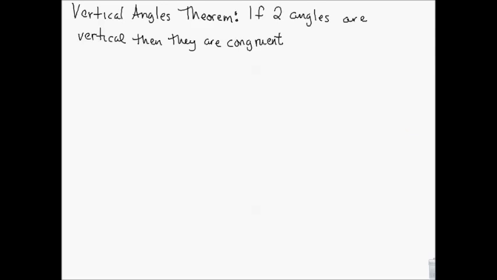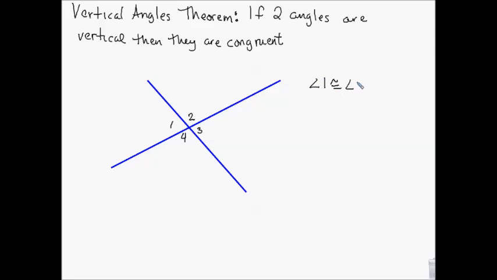Okay, so vertical angles, again, are formed when two lines intersect, and you get 4 angles. And the vertical angles are across from each other, so angle 1 is congruent to angle 3, angle 2 is congruent to angle 4.